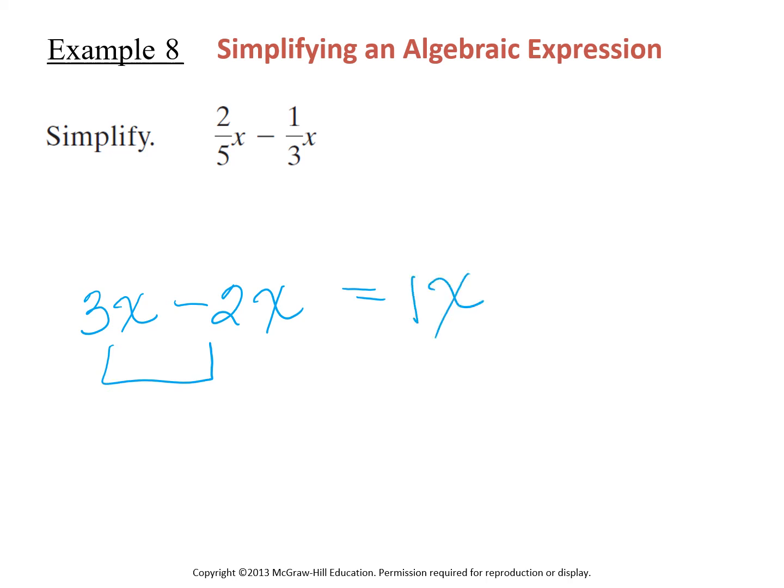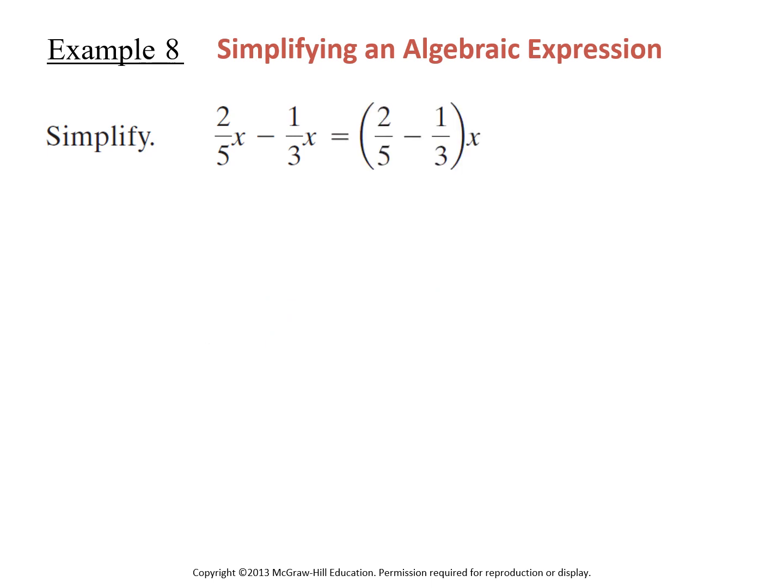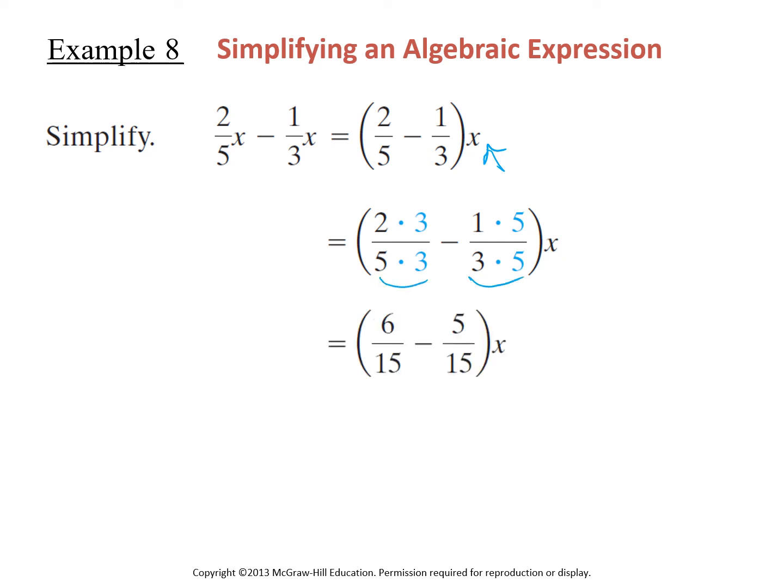So we're doing the same thing here. We're going to take 2/5 minus 1/3, and then it's going to have a factor of x. So to do the 2/5 minus 1/3, we're getting a common denominator of 15. 6/15 minus 5/15 is 1/15, so we're left with 1/15 x.